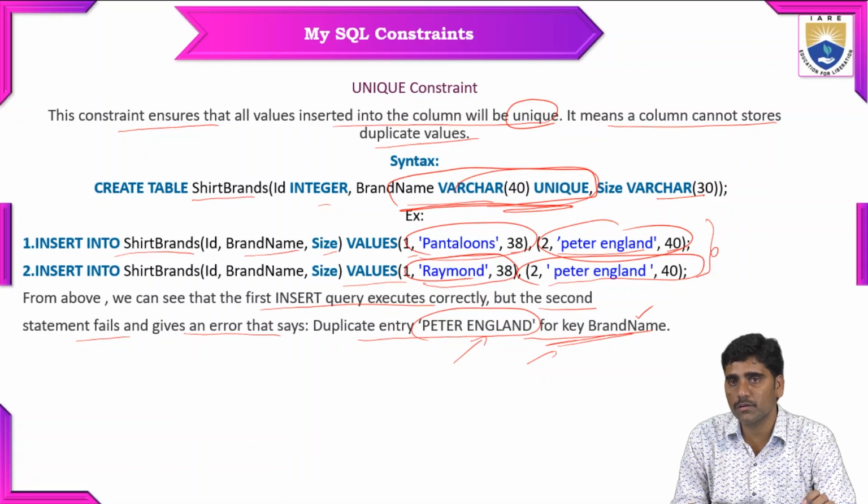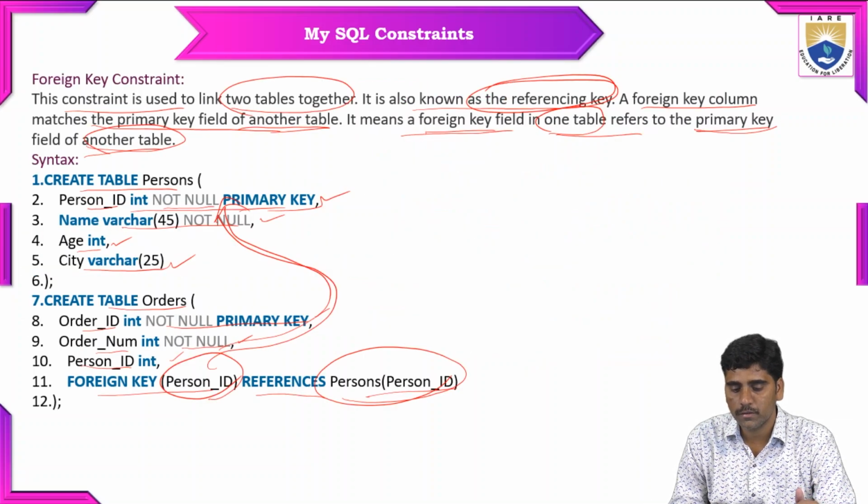In the second case, Peter England is the brand name which is already inserted for the first value, so it is not going to be used a second time, and it does not allow it. So it generates an error: duplicate entry Peter England for key brand name.